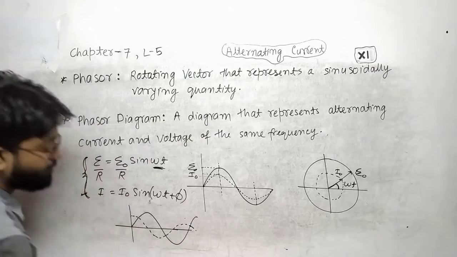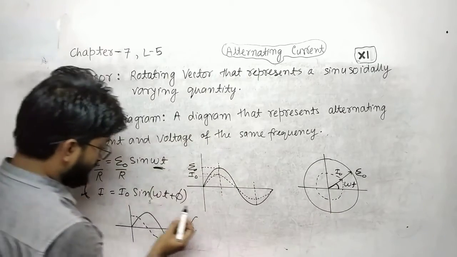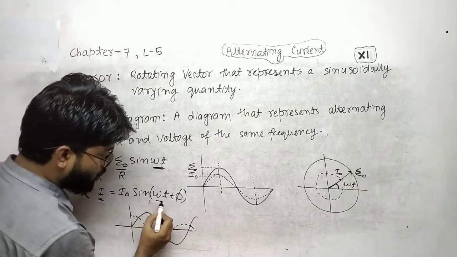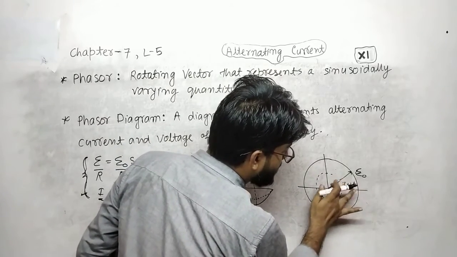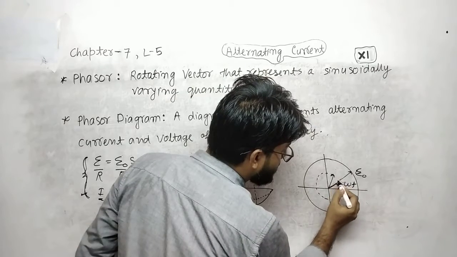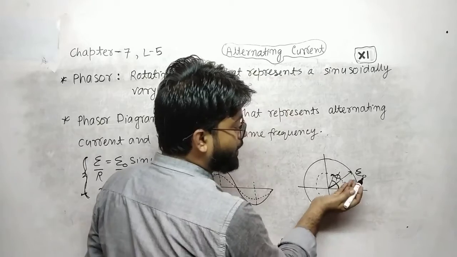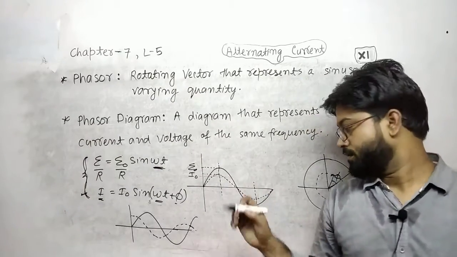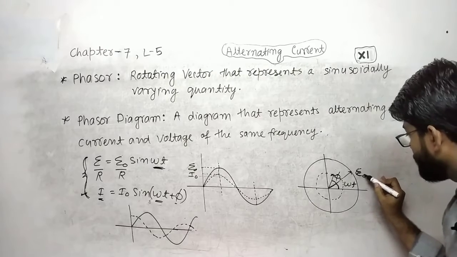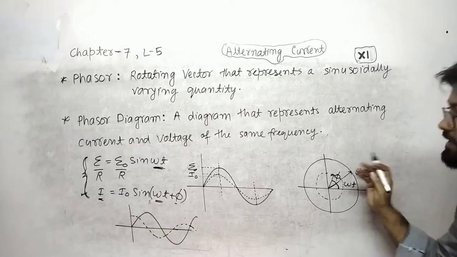The phase is not the same here. For I, it is omega t plus phi. The I vector will not be like that, it will be like that, with phi added, and the current will be ahead of the potential. These two vectors will rotate like that.